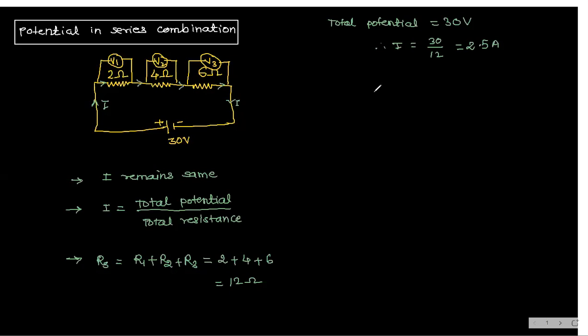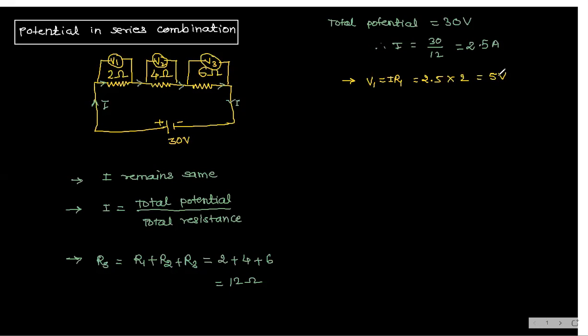So V1 is equal to I R1. I is 2.5 and R1 is 2 ohm, so 2.5 into 2 is 5 volt.